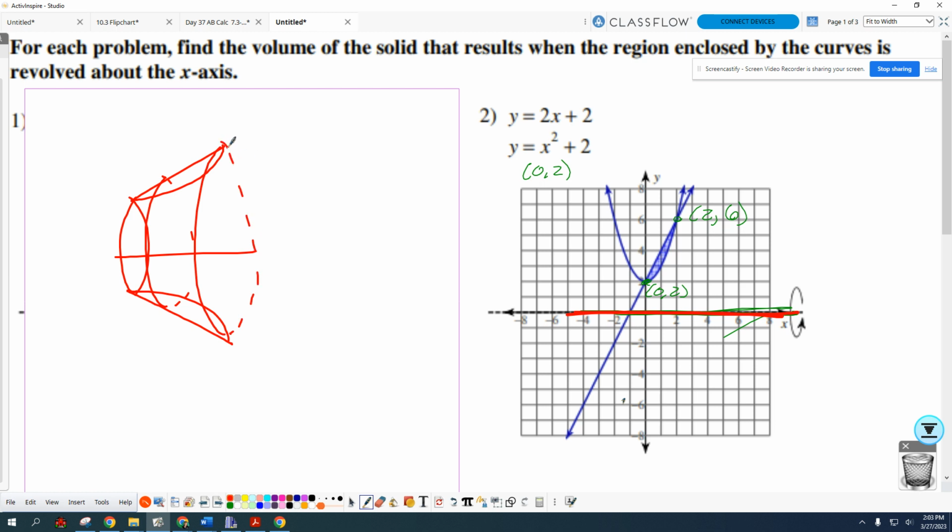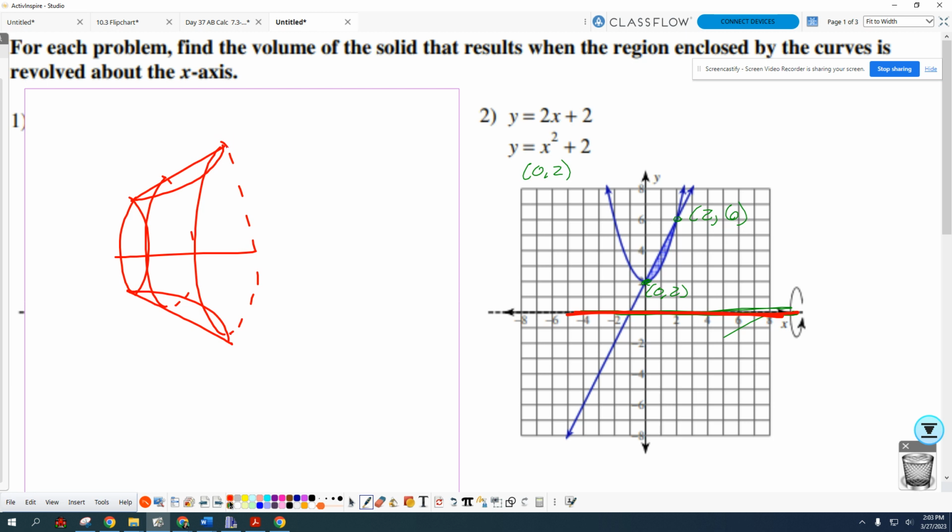So it's kind of a trumpet bell, sort of. Yeah. So does the hole get bigger as it goes farther down the x-axis? Yeah, so the hole changes and the outside radius changes as we move.